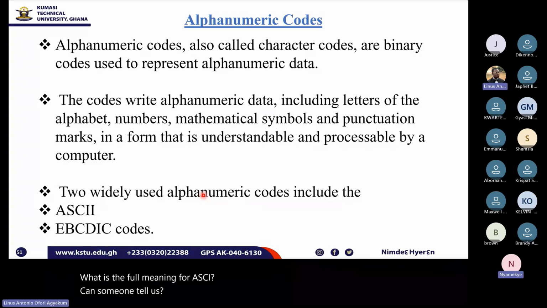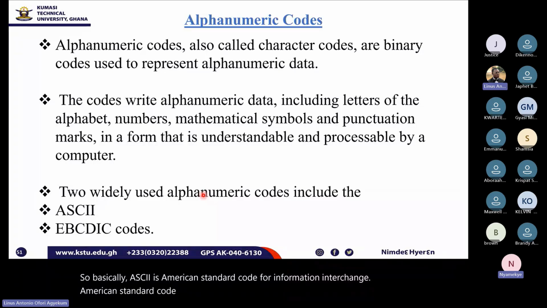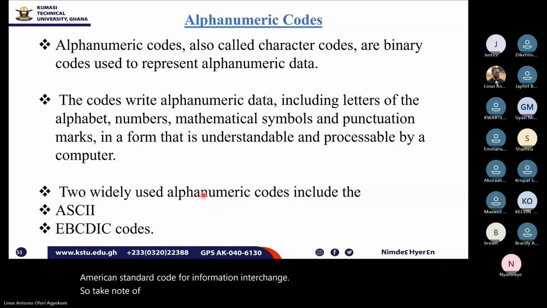So basically, ASCII is American Standard Code for Information Interchange. So take note of that. You can note that somewhere.